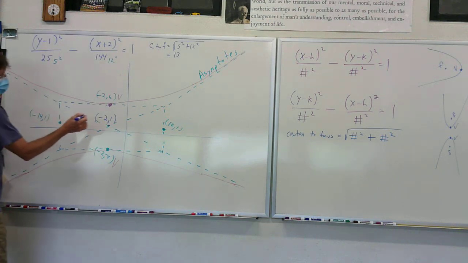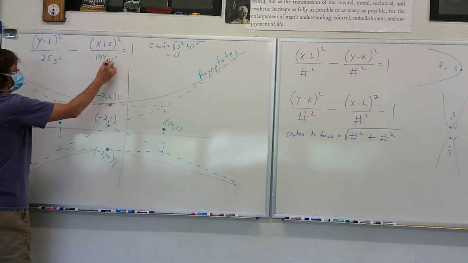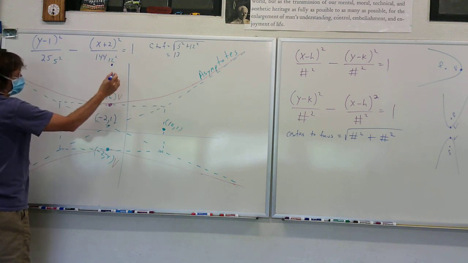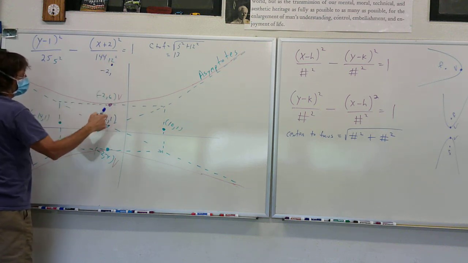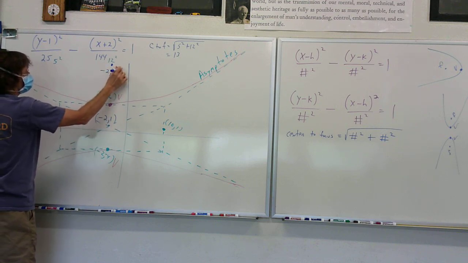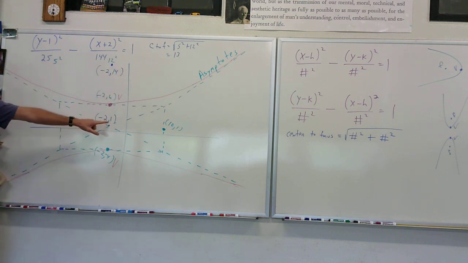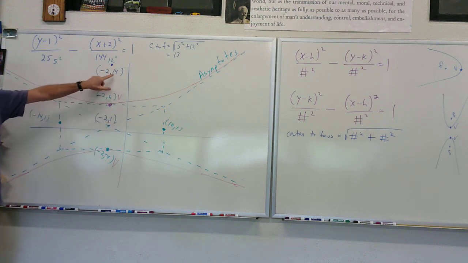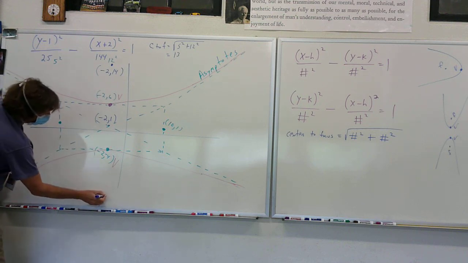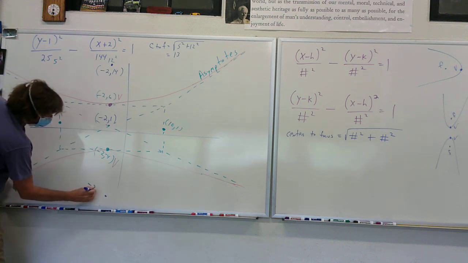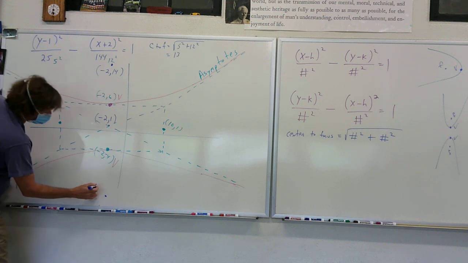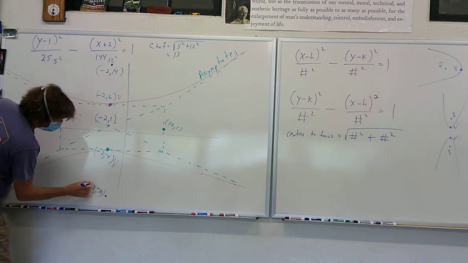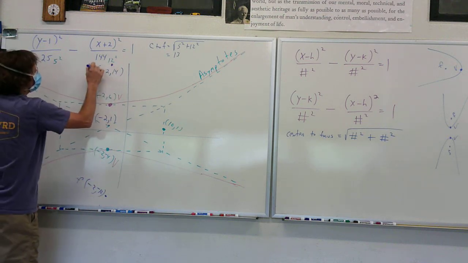You're going to count up 13. So this thing's going to be really way up here. -2, 14. Because you're counting up from the what? Center. 1 plus 13 is what? 14. And you will count way down here. -2, 1 minus 13, -12. And those are your foci.